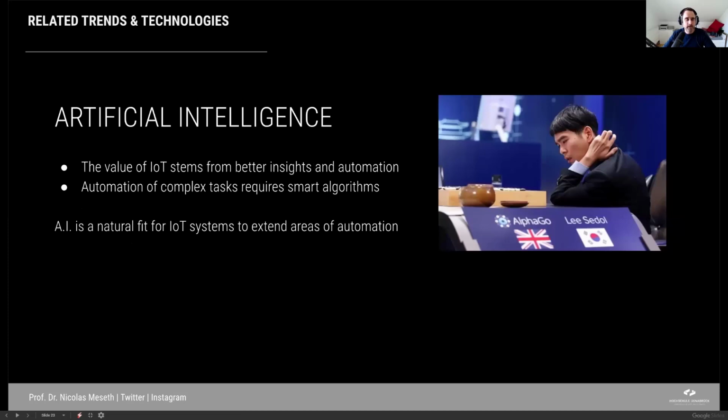Then, as I already said, artificial intelligence is also closely related. Here is the example image of Lee Sedol, who a couple of years ago famously lost to AlphaGo, which was one of the milestones or breakthroughs in artificial intelligence.